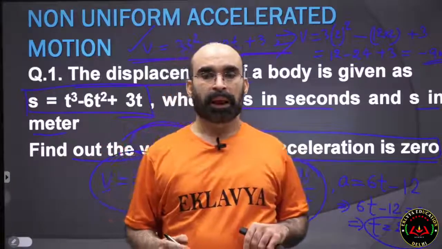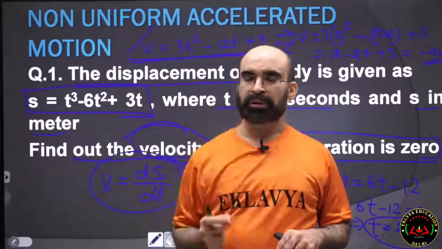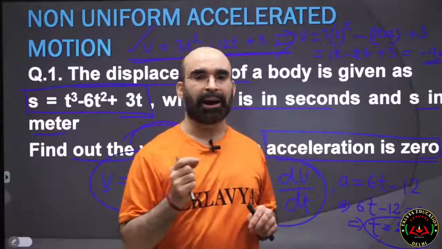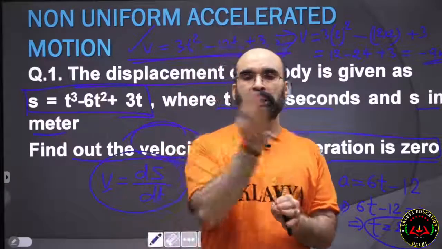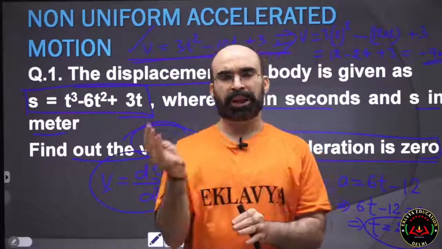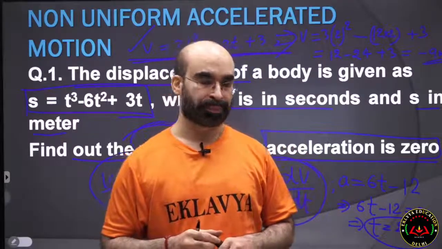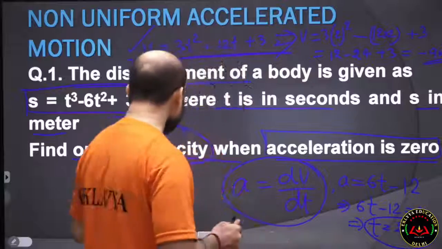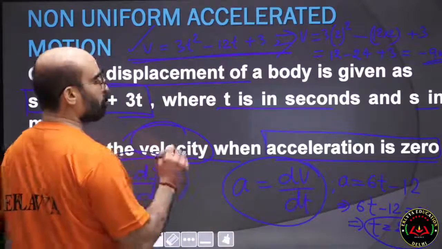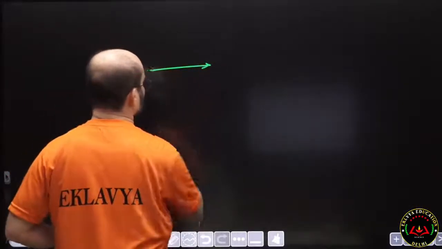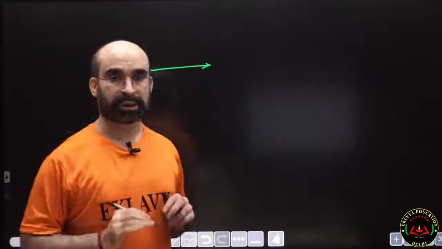Here is a very important aspect. When we have velocity in positive and velocity in negative, what are the implications? What conclusions can we draw? This is very important. Suppose we have motion along the x-axis in this direction, the positive x-axis.